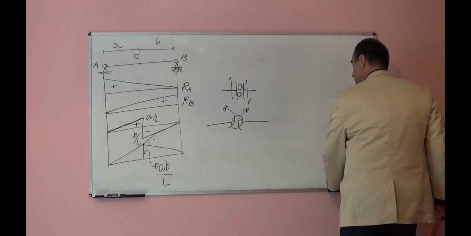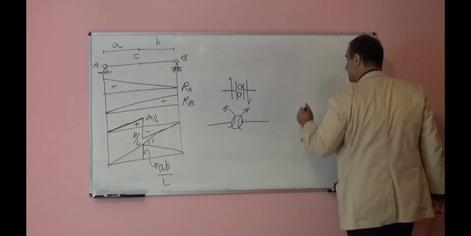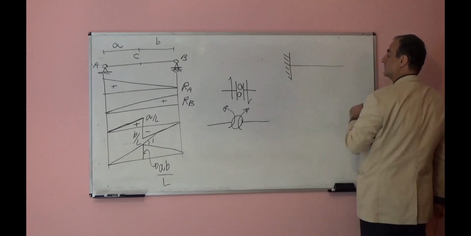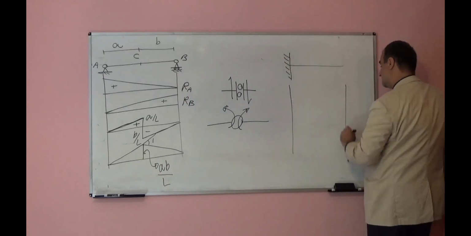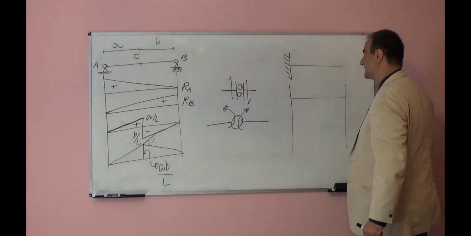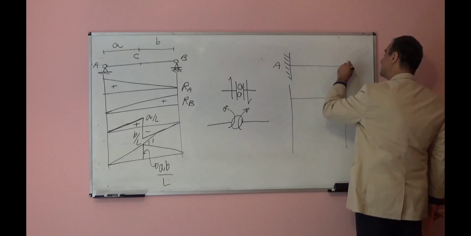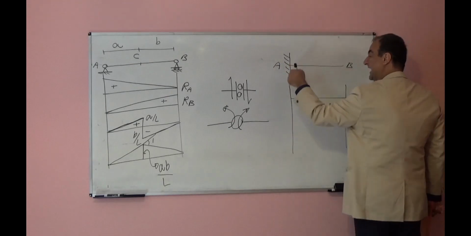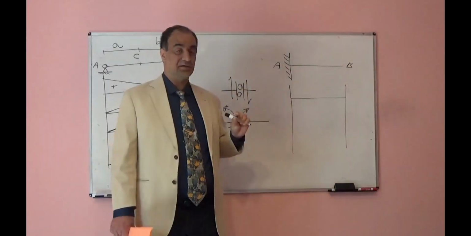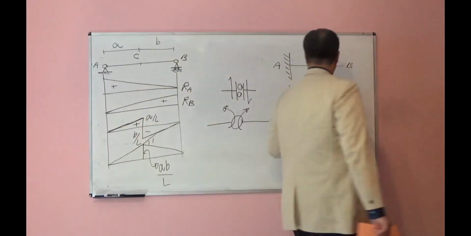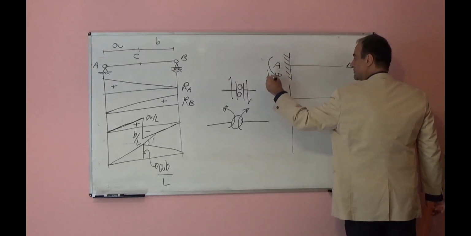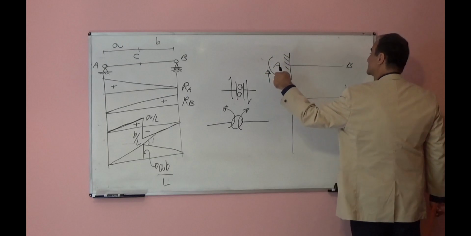If I do the same thing with one cantilever beam, for the influence line for reaction at point A, for example, you will remove the reaction force at point A and you will apply unit deformation at point A. Because here we have moment reaction and force reaction, you should remove only the force reaction.